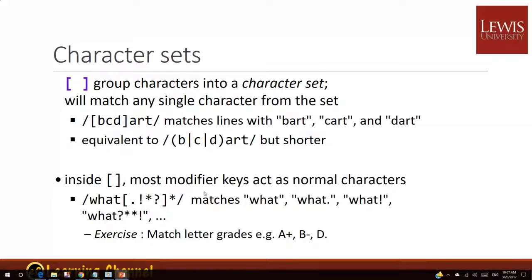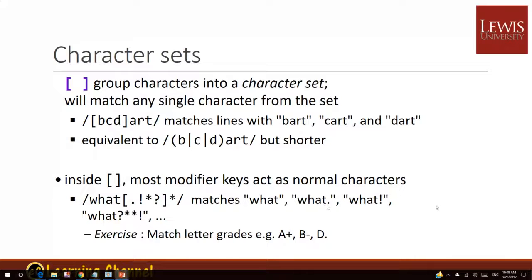Inside brackets, most modifier keys act as normal characters. So inside the bracket, you don't need the escape sequence. That's what it actually means. So right here are these 4 special characters, for 0 times or more times.